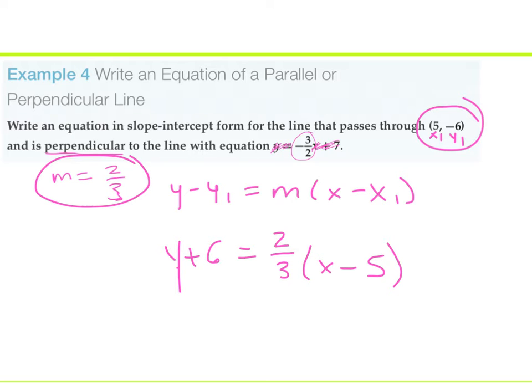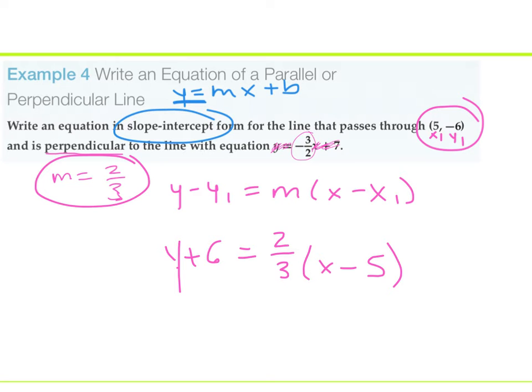So this is our equation in point slope form, but our question asks us to put it into slope-intercept form. So we need to get our equation into slope-intercept form, which is y is equal to mx plus b. So in our equation, we need it to be y is equal to mx plus b.